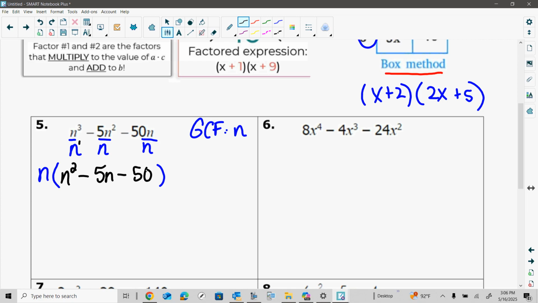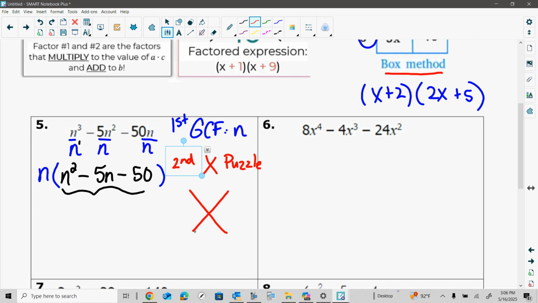And now I'm going to focus on this trinomial. So the first thing we did was a GCF. The second thing we're going to do now that we have a quadratic trinomial is try the X puzzle. So I'm going to set up that X puzzle underneath here.